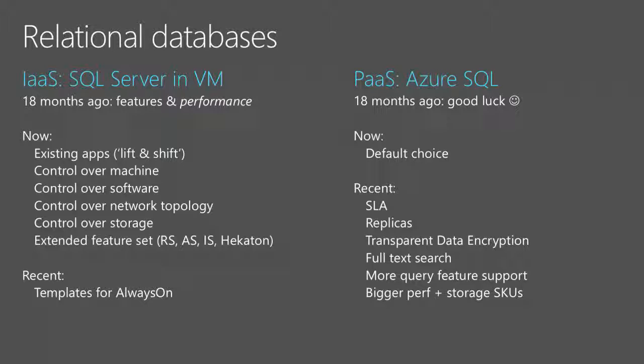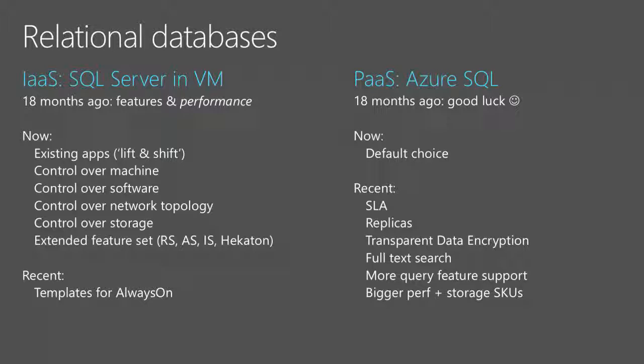The other key scenario is going to be the extended feature set. Azure SQL provides the relational database, but if you want to do things with Analysis Services, Reporting Services, Integration Services, the in-memory table technology, that's still something that you're likely to need SQL Server in a VM for. The other things are really about control.